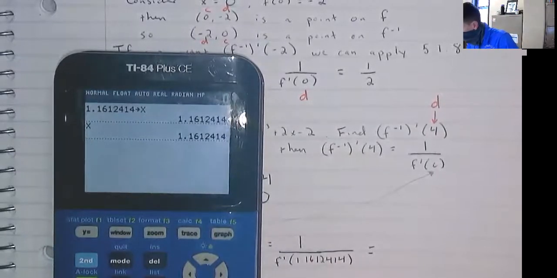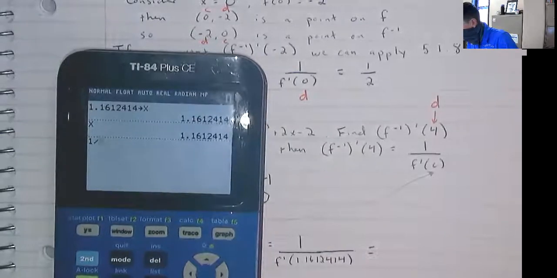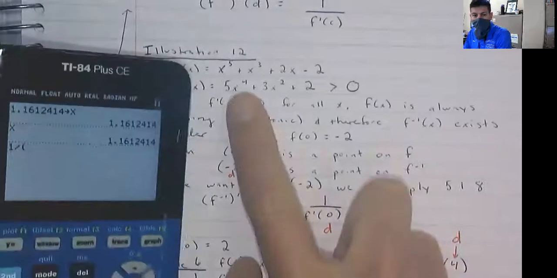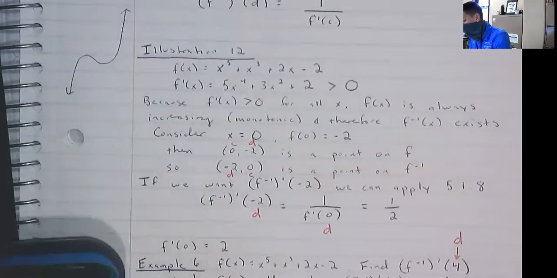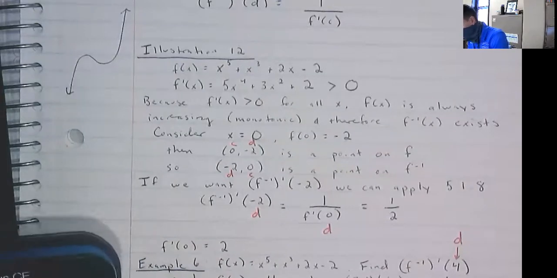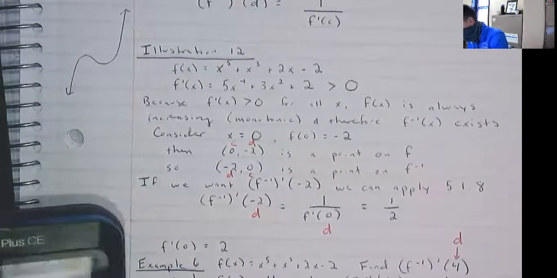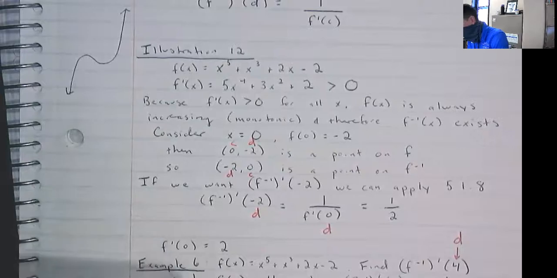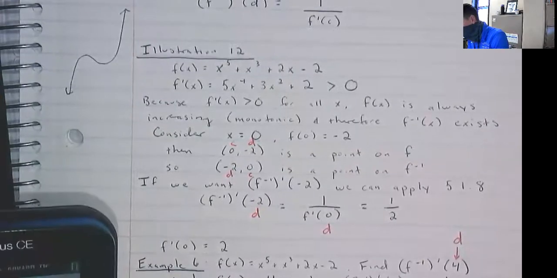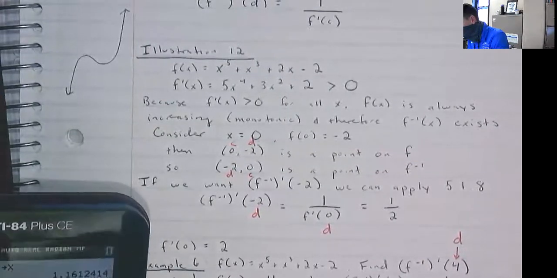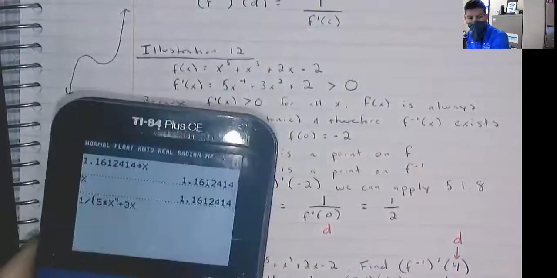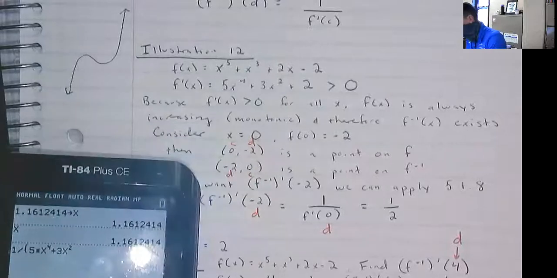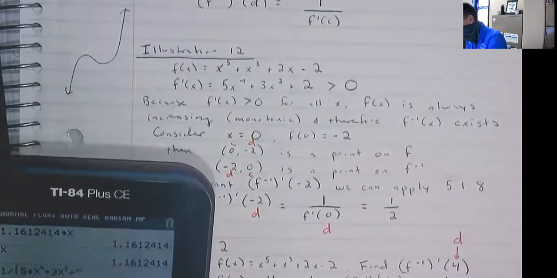Okay, so we get 1 divided by, using the derivative here, 5 times x raised to the 4th power plus 3x squared plus 2.